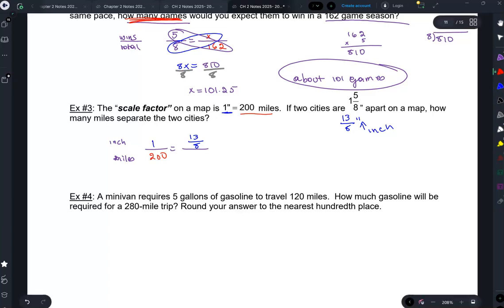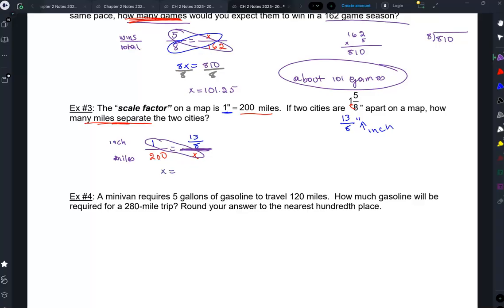And then x, right? How many miles separate? That's x. It goes on the bottom. So it's 1 5/8, right? 8 times 1 is 8 plus 5, 13. Okay, now let's cross multiply on the bottom because it's how many miles? So yeah, this is the main fraction. So 13 over 8 goes on top, the other one goes on the bottom.